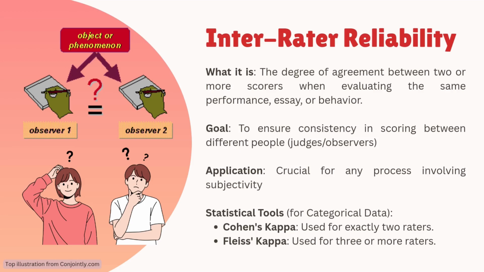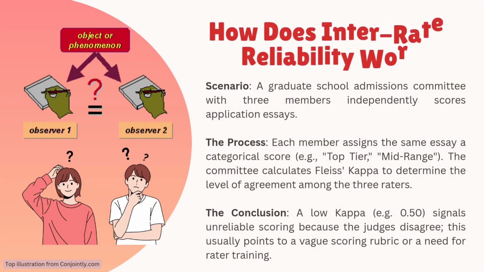And there are many other kappas as well, but these are the basics. These coefficients measure the agreement between raters while also correcting for the level of agreement that might have happened simply by random chance. So let's go over a real-life example to better visualize this.